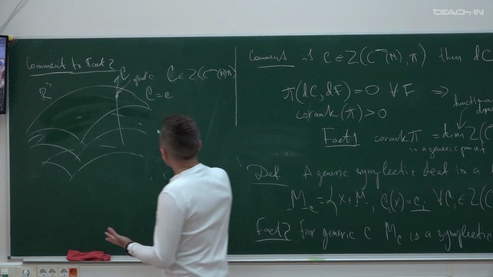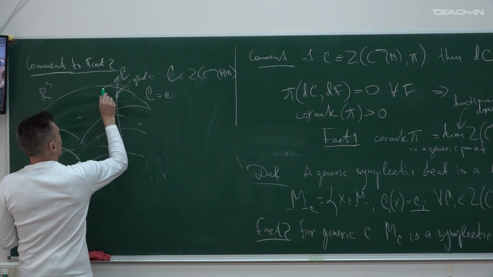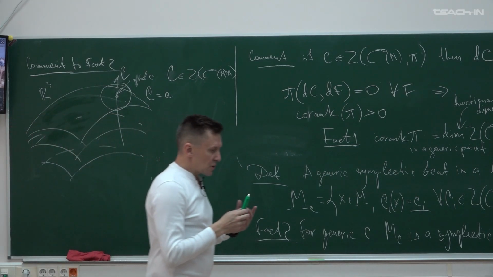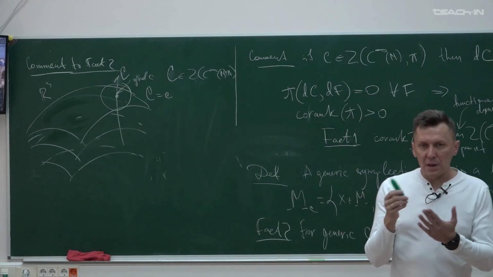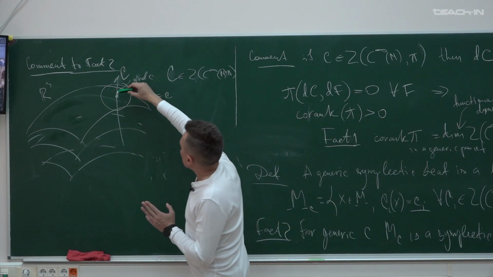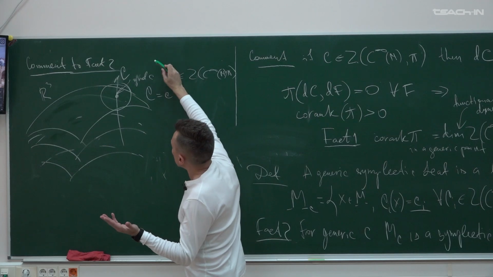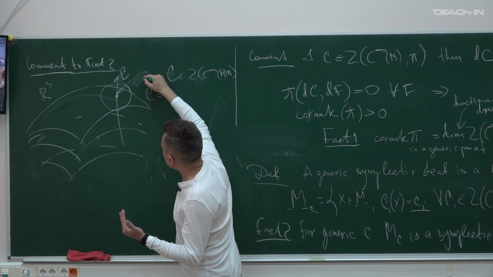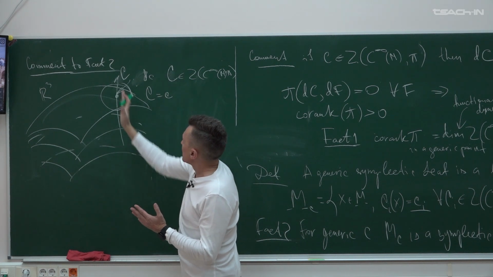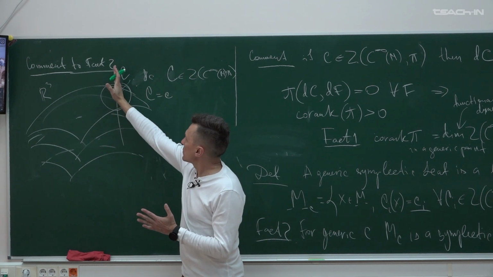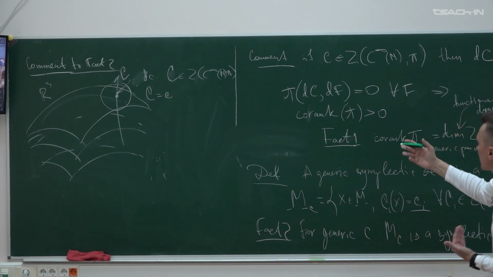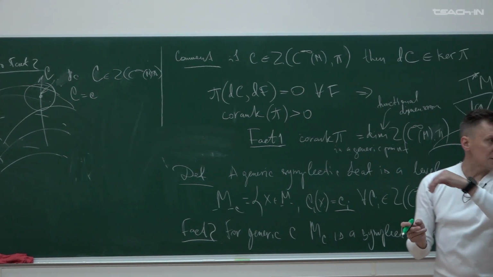If we consider some neighborhood of this point, then the Poisson bivector in the direction of, in fact, not the gradient, but just the differential of C, is trivial. This is equivalent to the fact that C is a central function.